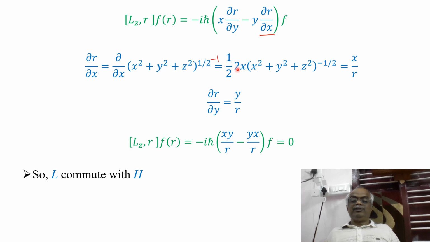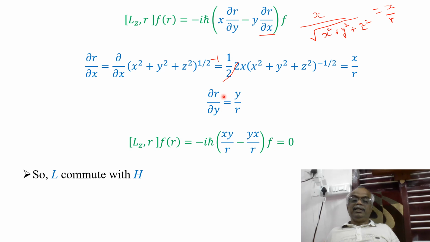Here x squared will become 2x, and the 2 will get cancelled. Then this will become x into x squared plus y squared plus z squared to the power minus half. So this can be written as x divided by the square root of x squared plus y squared plus z squared, which is equal to x by r. That's what I have written here. So delta r by delta x is equal to x by r.